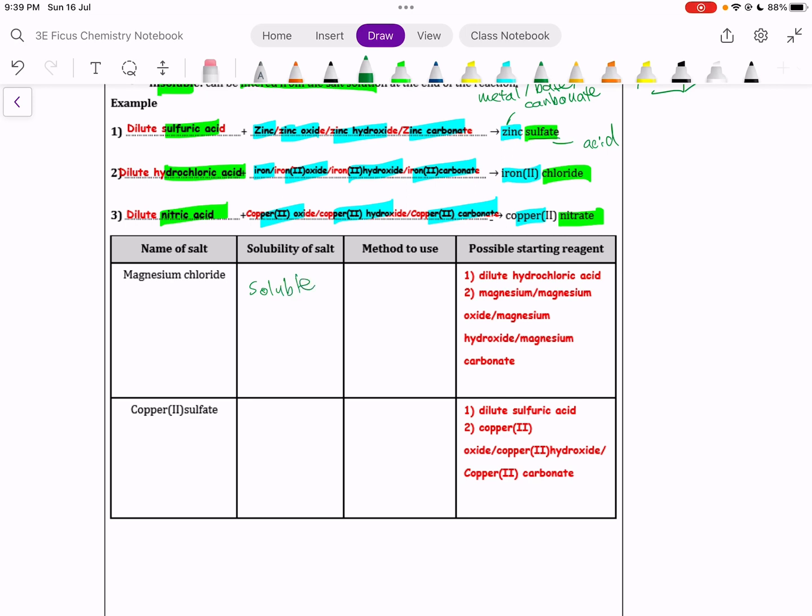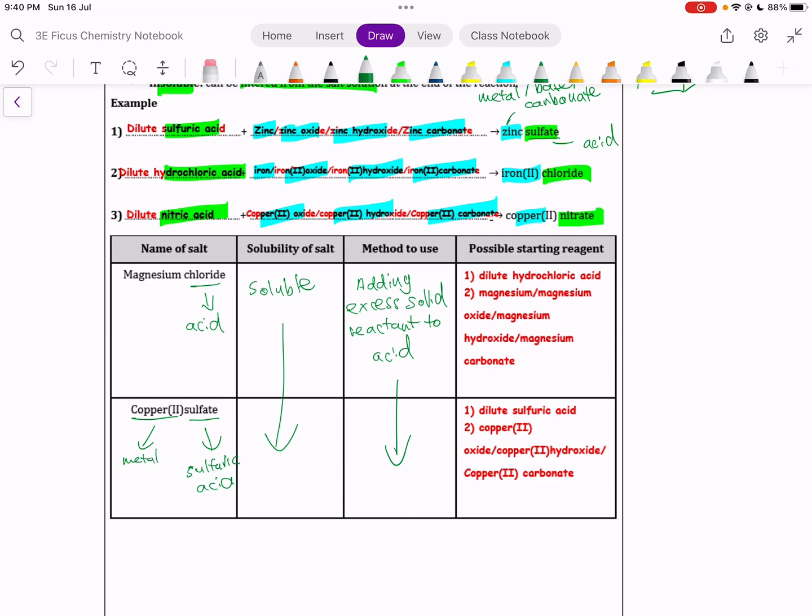Then the method you use is adding excess solid reactant to acid. This part tells you about the acid. So you have to use hydrochloric acid. Copper 2 sulfate means you have to use sulfuric acid in this case. Then this part tells you about the metal, the base, or even the carbonate.